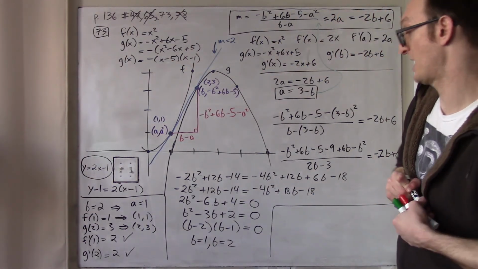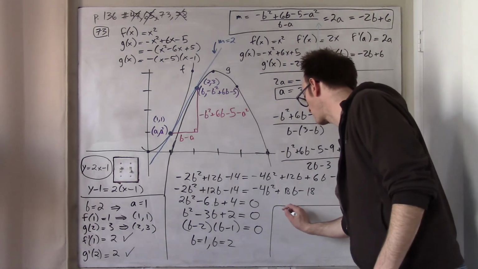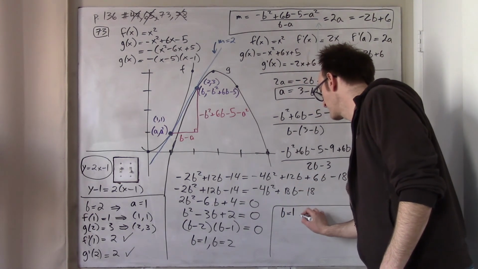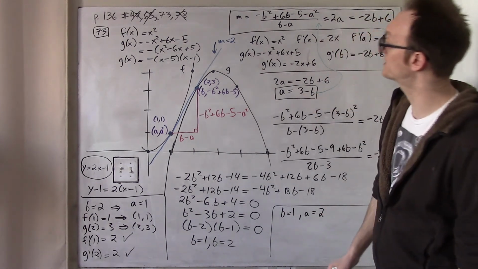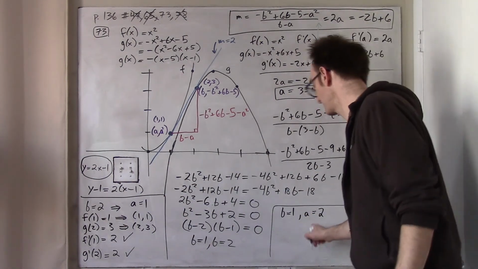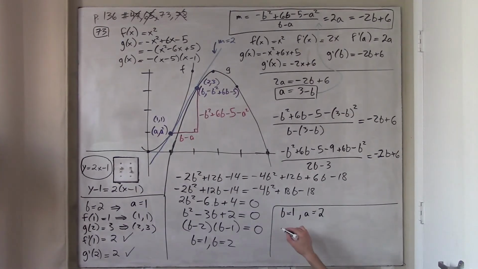The algebra suggests that there's also an option when b is 1. Well, if b is 1, then a is going to be 2. And if a is 2, then I can plug 2 into f and I get back 4. So I have this point 2 comma 4 on f, and I can plug 1 into g, and I get back 0.